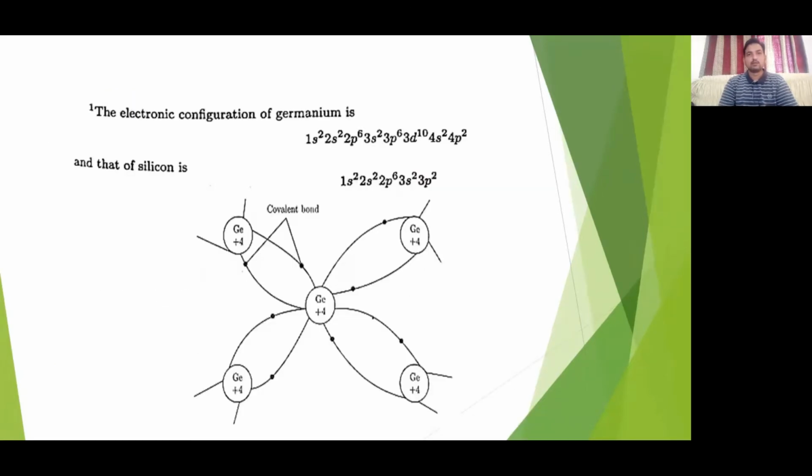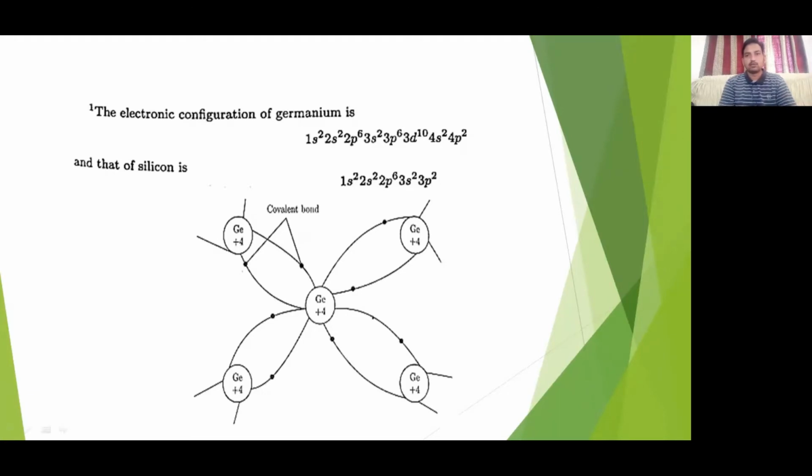If you see the electronic configuration of both silicon and germanium, germanium has atomic number 32, so it has 32 electronic states which can be configured as presented over there. And silicon has atomic number 14, so it has 14 electronic states which can be configured like this: 1s2, 2s2, 2p6, 3s2, 3p2.